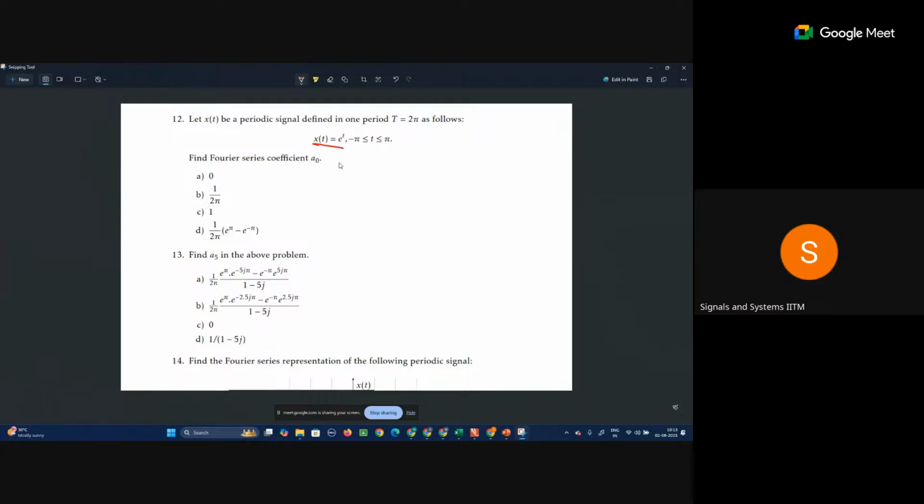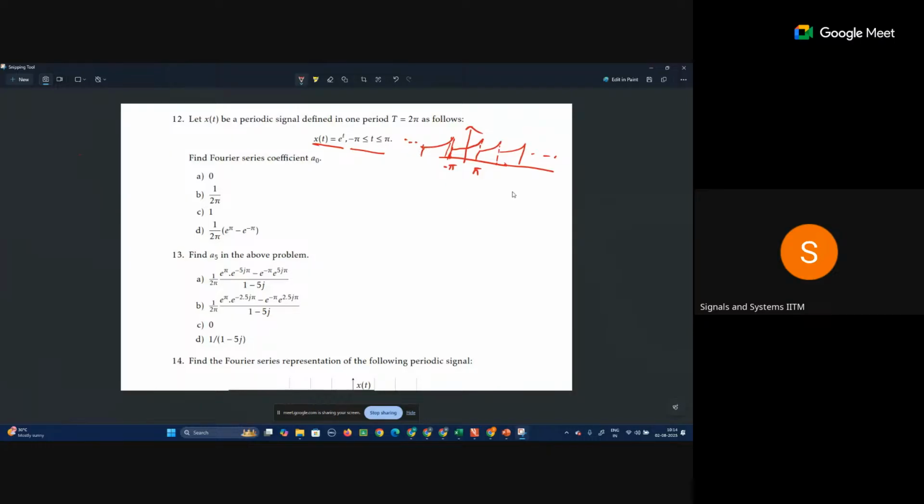They are telling it is repeating from minus pi to pi. So it is like this, from minus pi to pi, and it is repeating the same again in this fashion.